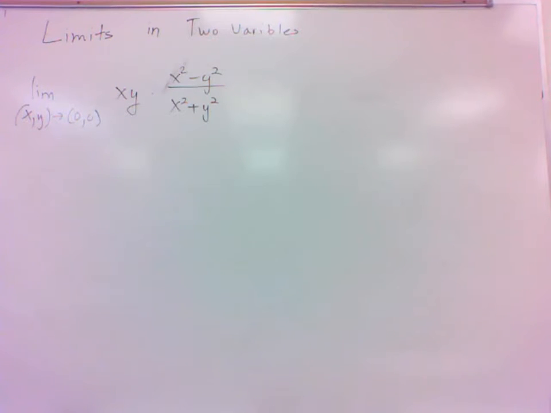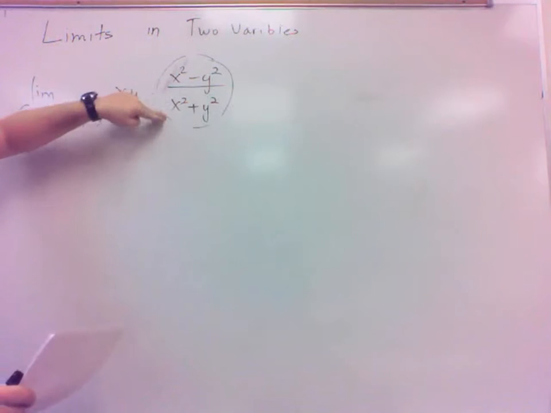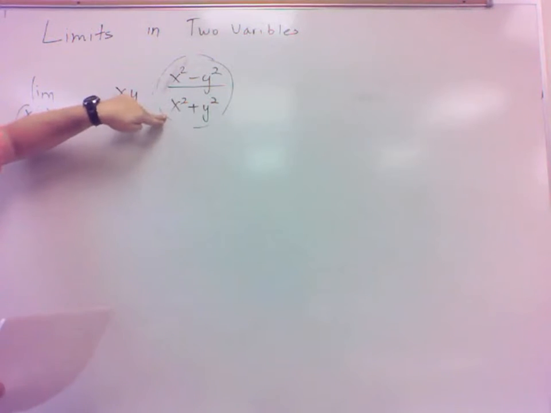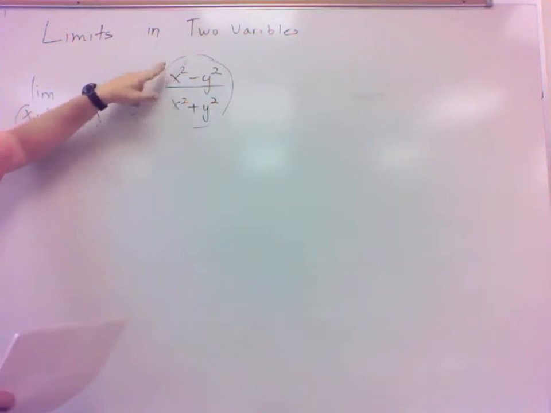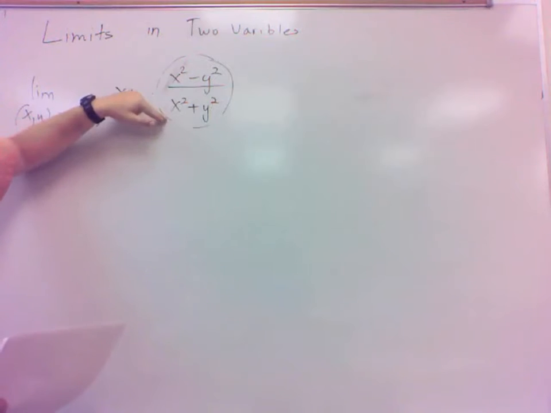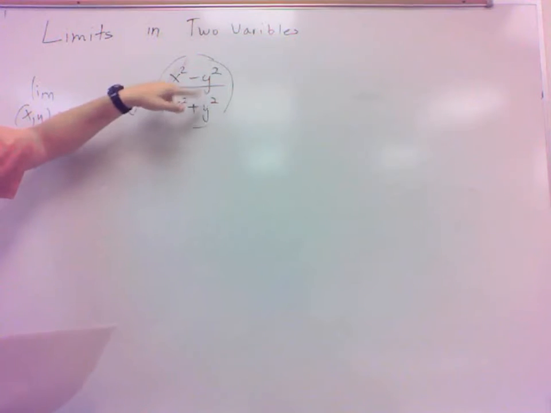Sometimes you can use the squeeze theorem. What we know about this is that because the numerator is less than the denominator in absolute value, the biggest we can get out of that is positive 1, and the smallest we can get is negative 1.